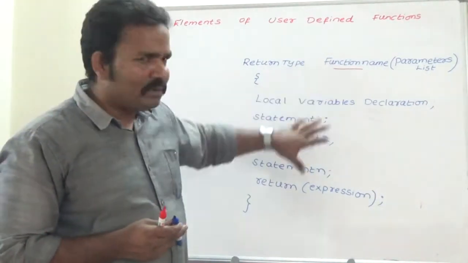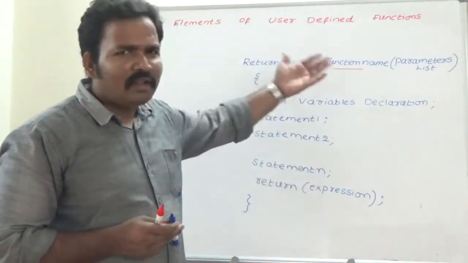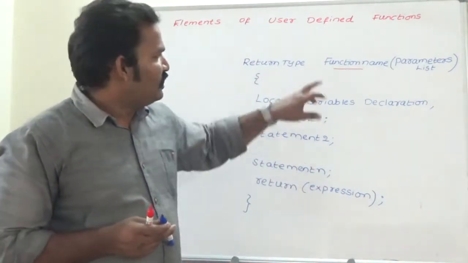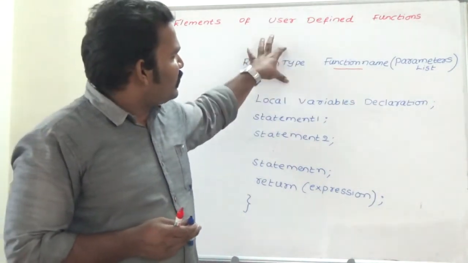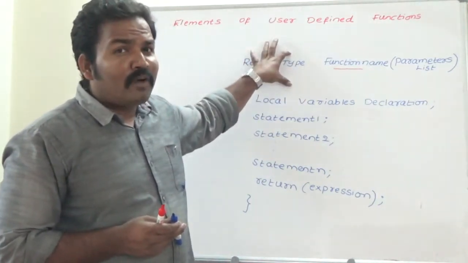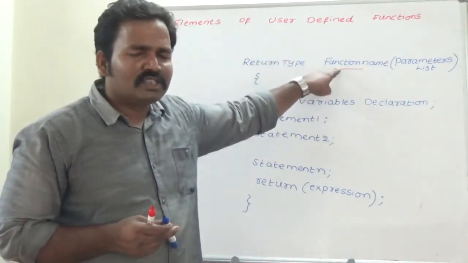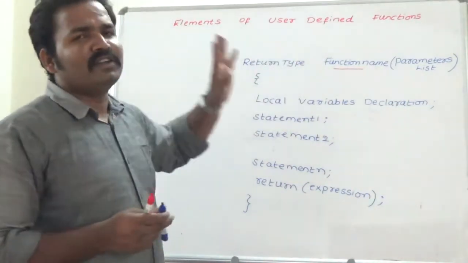To execute this function we have to call this function. So return type specifies the type of value that the function returns to the calling function.